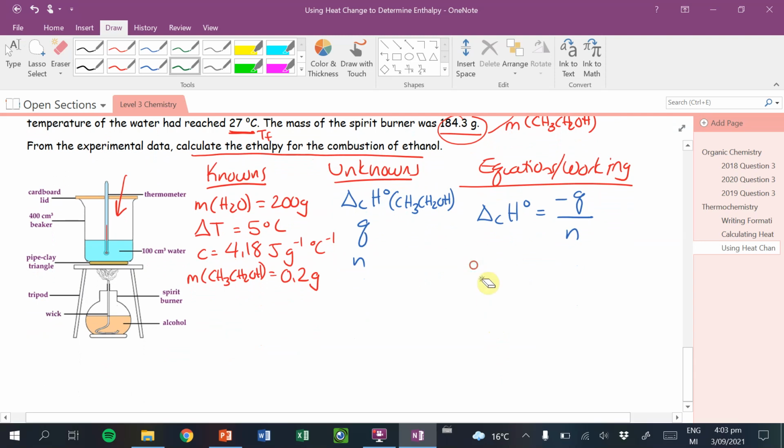Q is equal to my mass times the temperature change times the heat capacity of water. Now, I want the mass of the water because that is telling me the energy that must have been absorbed by that mass of water. So Q equals 200 grams times 5 degrees Celsius times 4.18.